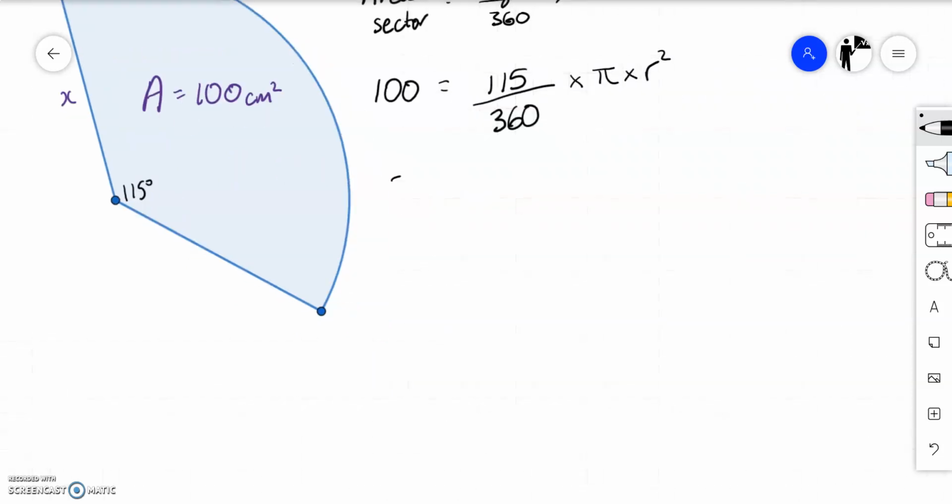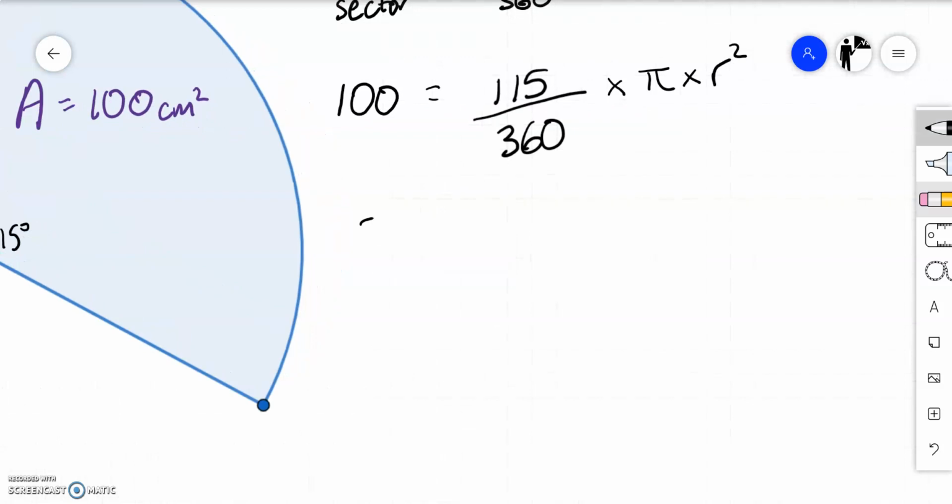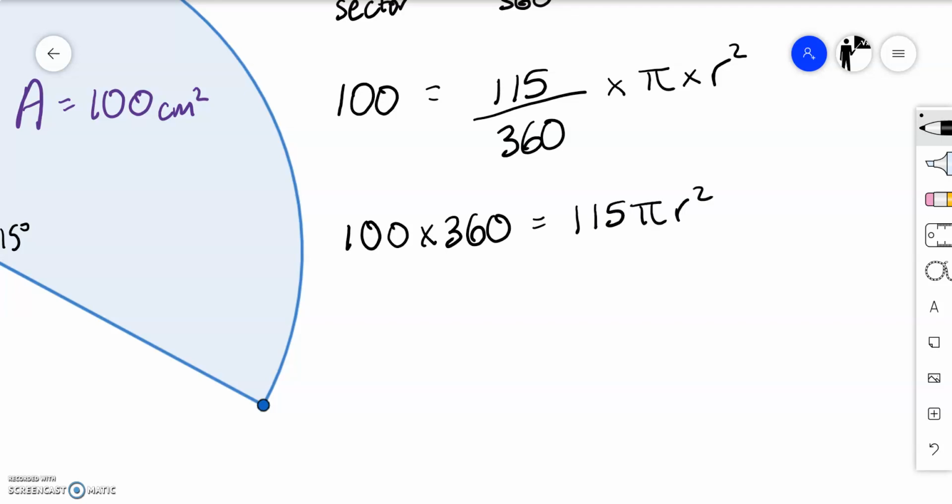So that is going to give us 100 multiplied by 360 is equal to 115 pi r squared.